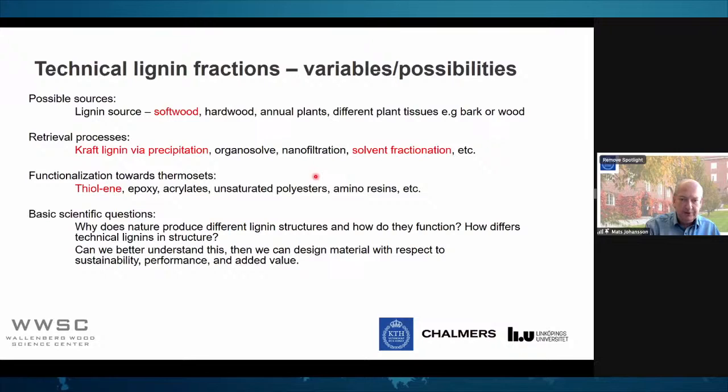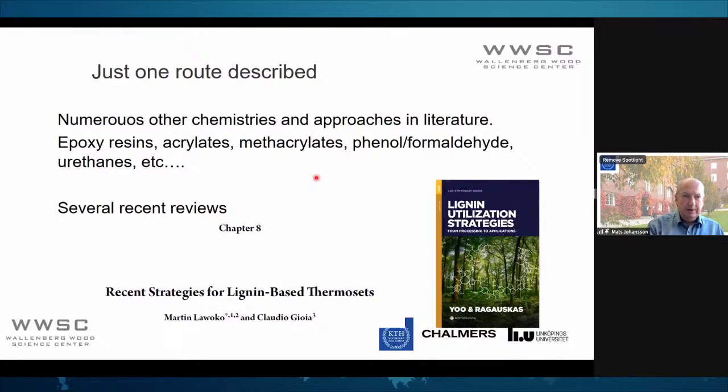But I'm quite positive that we will find more knowledge and new bio-based systems using lignin in future sustainable material. So, and then of course, if we understand it, we can design it, we can get an added value into the final products. So I just described one route, the thiol-ene allylation route.